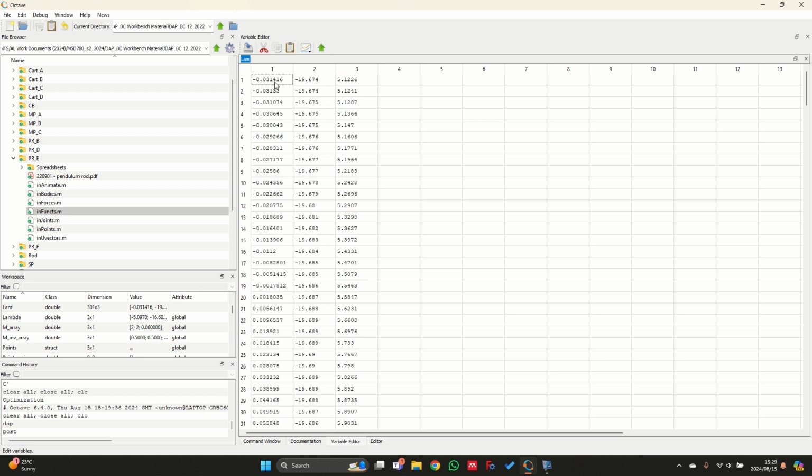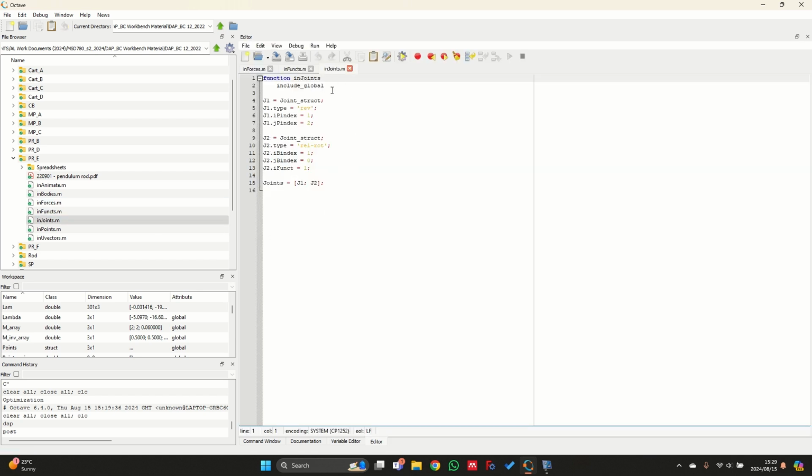So you will remember that for our original case where we didn't have any constraint specified, we just had a revolute joint, that was then specified as joint 1. And that specific type of joint induces 2 reaction forces, one in the x direction and one in the y direction. In this case, J1 is still that revolute joint. If I go back to J in joints over here, you'll see that J1 is the revolute joint.